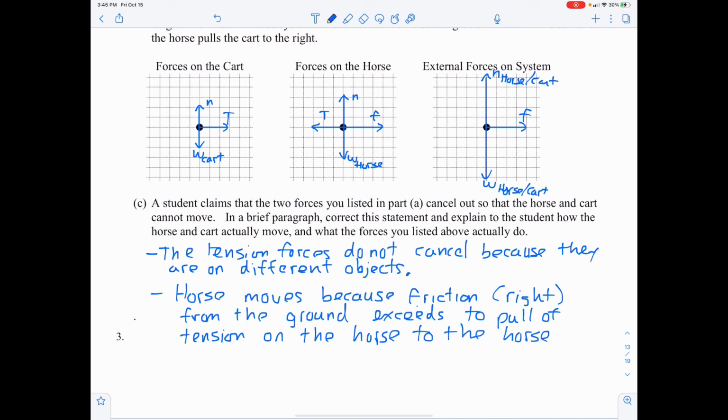Thus, the horse accelerates forward. Since the horse accelerates, the cart accelerates. The cart moves because tension pointing to the right is unbalanced on the cart.